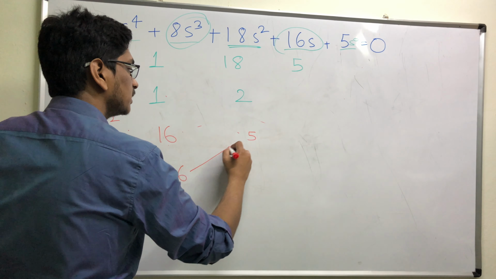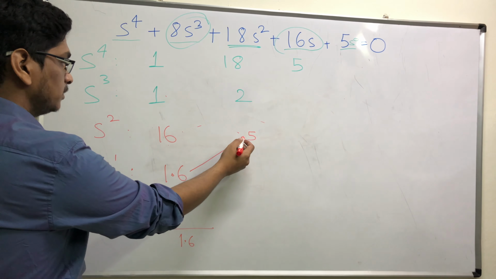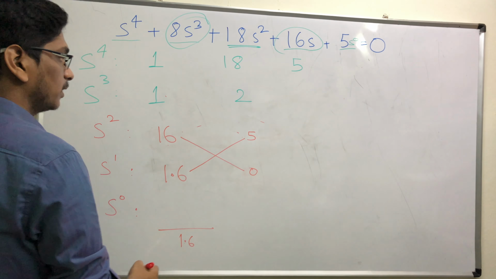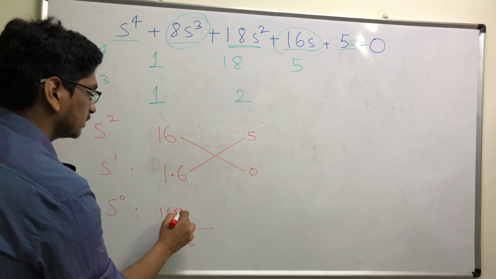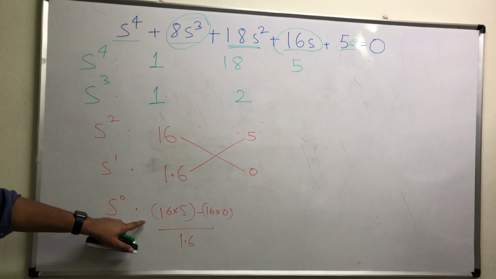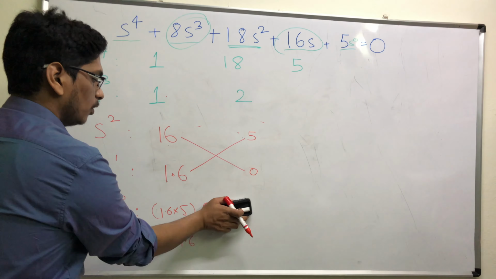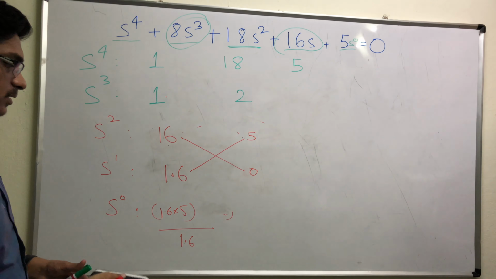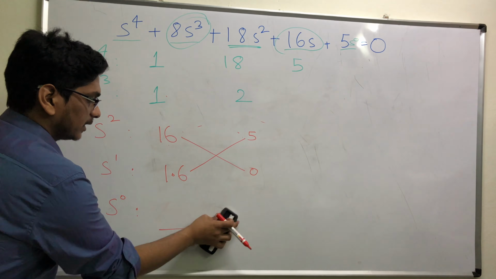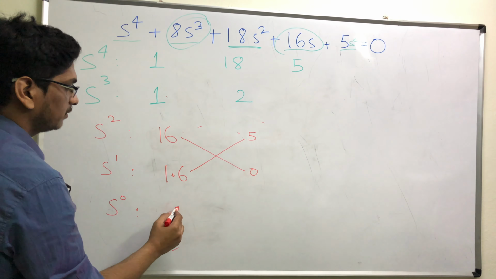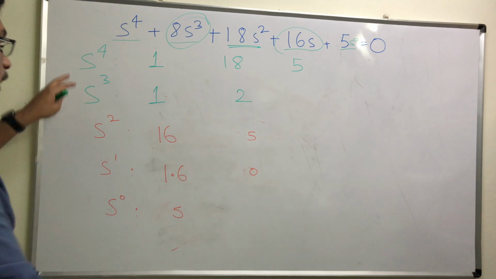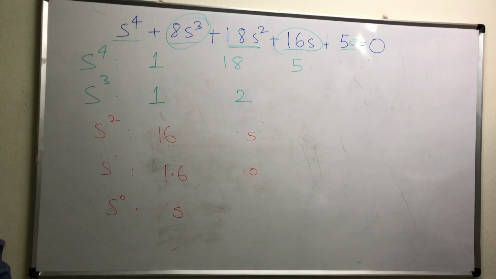So 1.6 into 5 minus 16 into 0. 16 into 0 is 0. 1.6 into 5, I don't have to get that, right? 1.6 and 1.6 get cancelled, and what I have left is 5. So now my Routh array is complete.